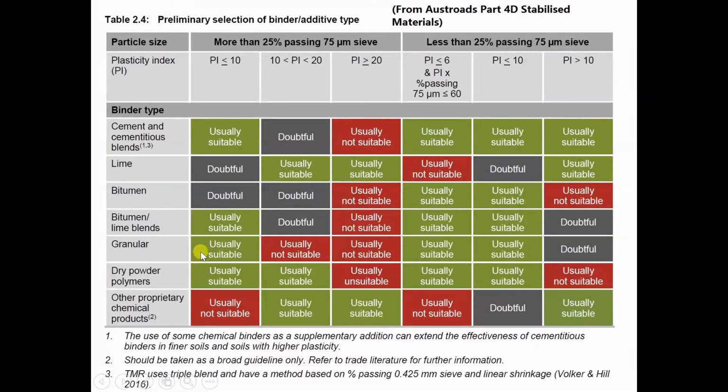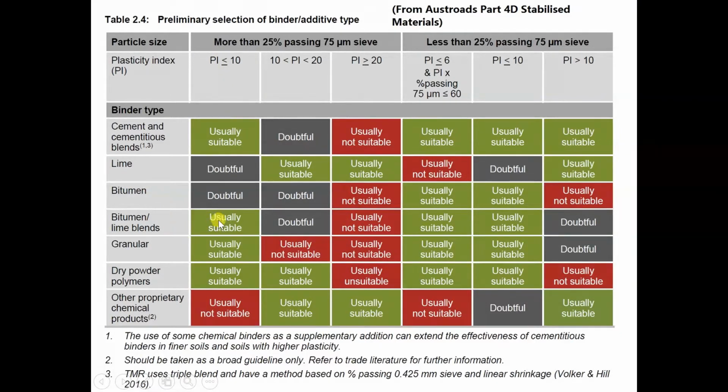And we look at the other things. For example, cement or cementitious binders can be used for all types of pavement materials, all plasticity indices. But for the subgrade, it can only be used for low plasticity, less than 10.